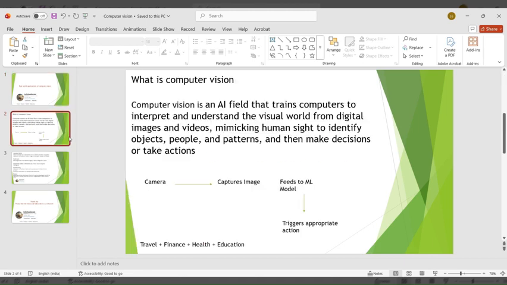So what is computer vision? In simple terms, it is a field of AI, right? With artificial intelligence gaining a lot of traction, this is a new field of artificial intelligence where the computers are actually taking visuals from the world, physical objects, and they are feeding it to the digital systems, and then the computer or the digital system is actually identifying the objects, people, patterns, and then making a decision, right?